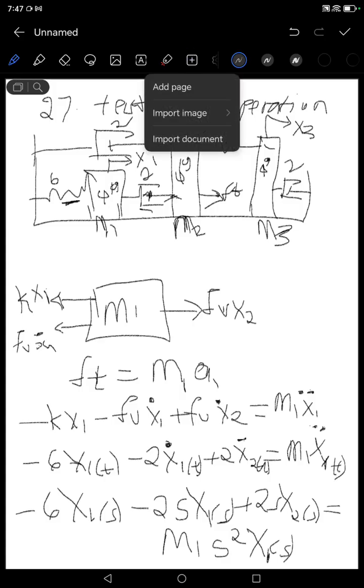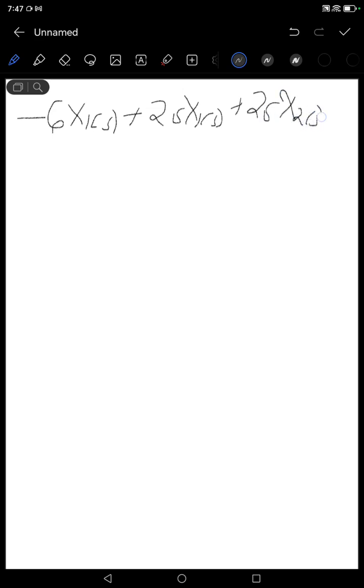So now let's move forward. So we have a negative 6 X1(s) plus 2s X1(s) plus 2s X2(s) equals M1 s squared X1(s), like this. And now I was saying we can take this negative 2 and 2 to the other side.